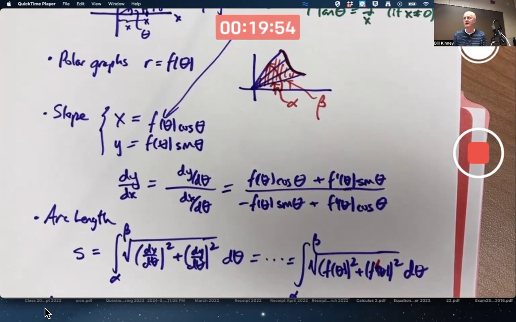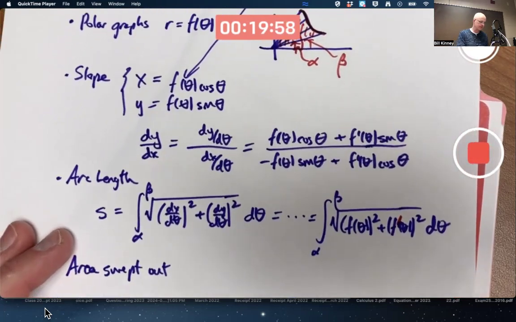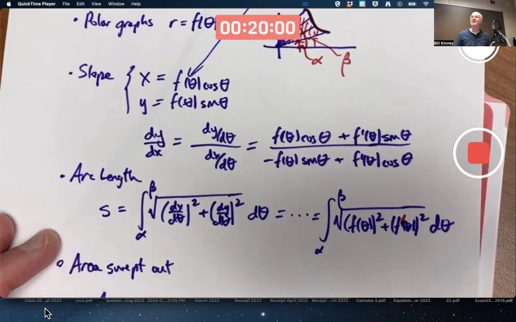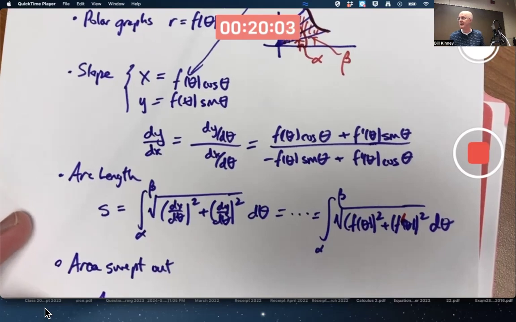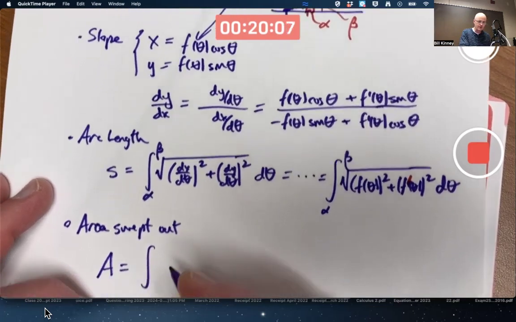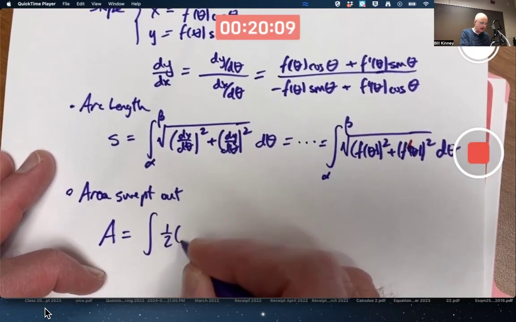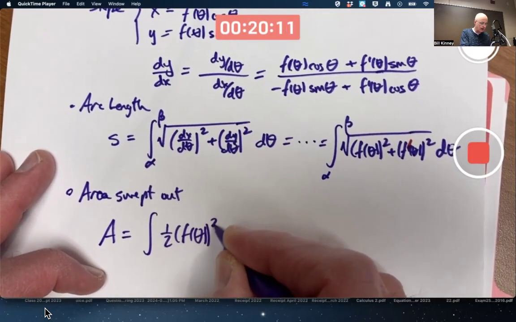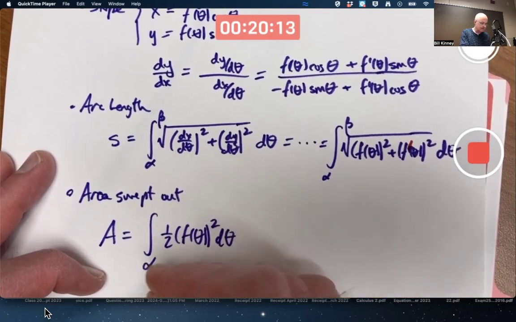That's what this formula gives you. The formula, fortunately, is fairly simple and usually easy to do, relatively speaking. Integrate, no square roots, but instead 1/2 f of theta squared as theta varies from alpha to beta.